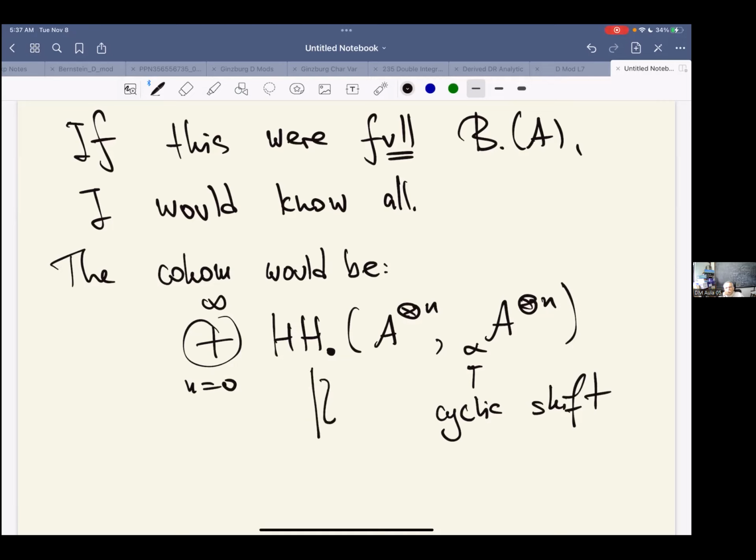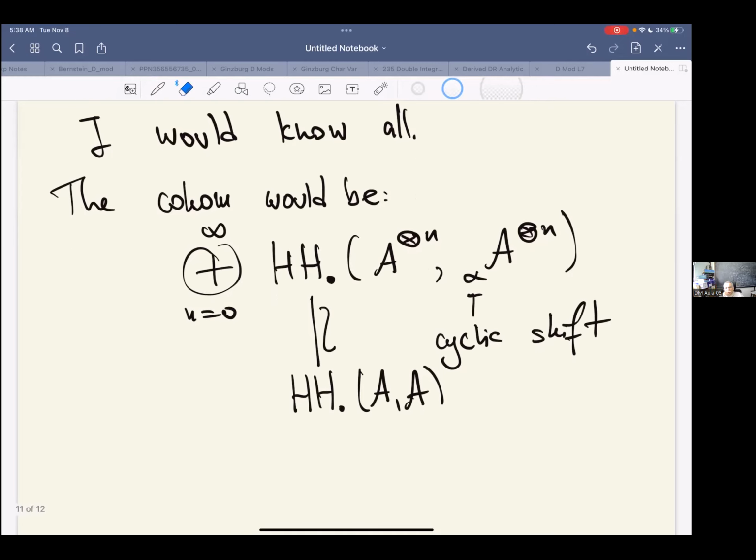But fortunately and crucially, all of it is just the usual Hochschild cohomology by a very simple homological fact known as Eilenberg-Zilber subdivision. Okay, so immediately we would get this.